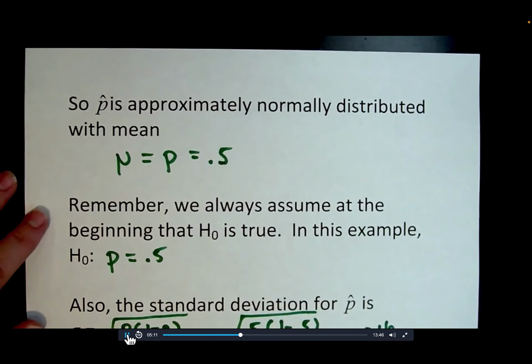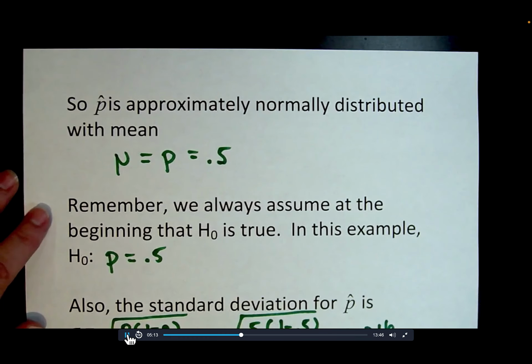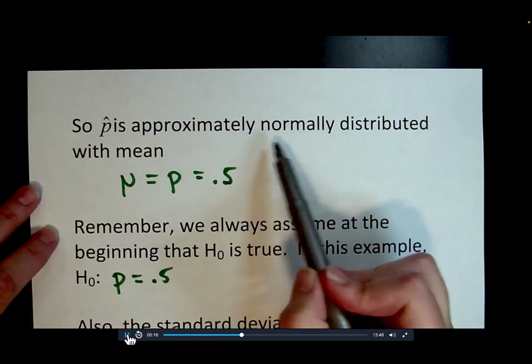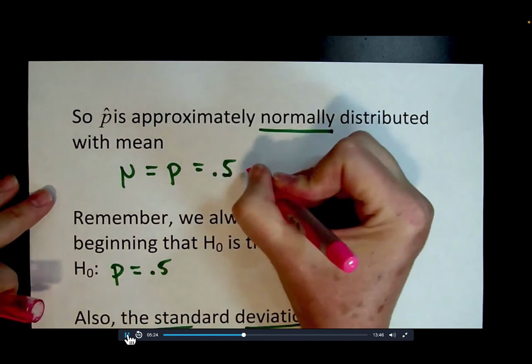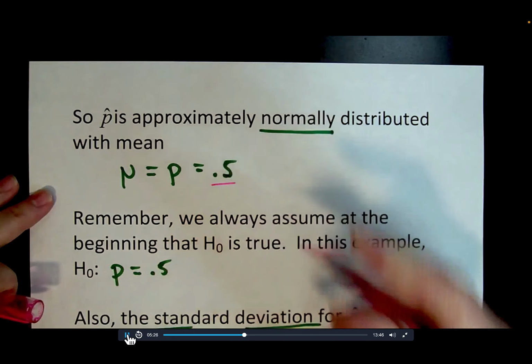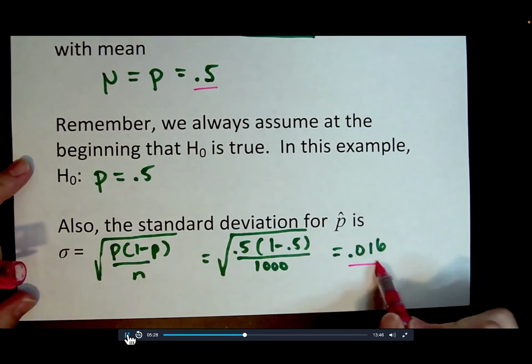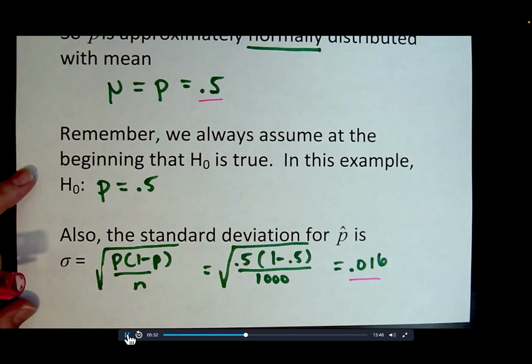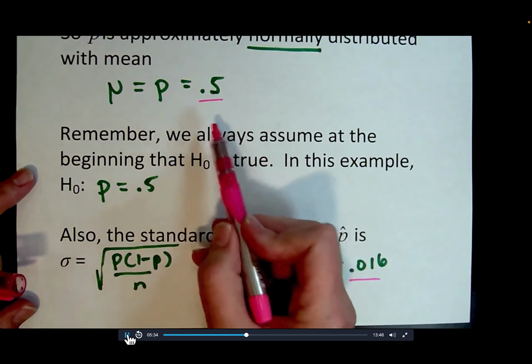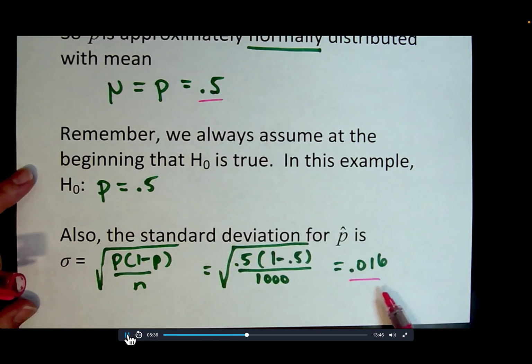So I know that p hat is approximately normal. Of course, I don't have a normal distribution table for mean being 0.5 and standard deviation being 0.016. We only have a table for the standard normal, the z table, where the mean has to be 0 and the standard deviation 1.